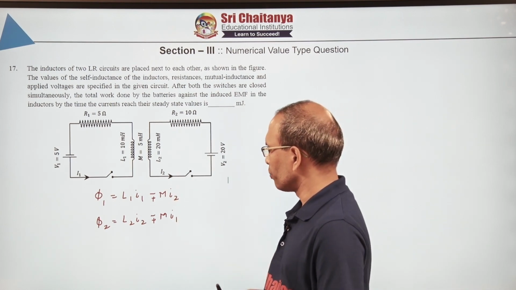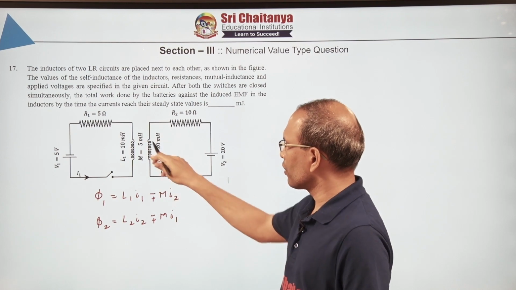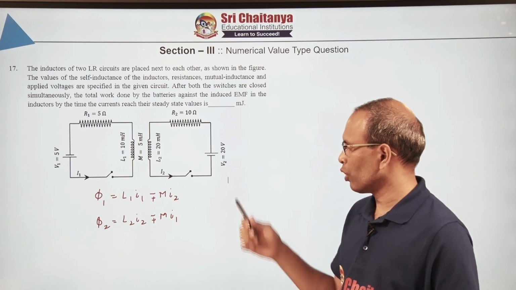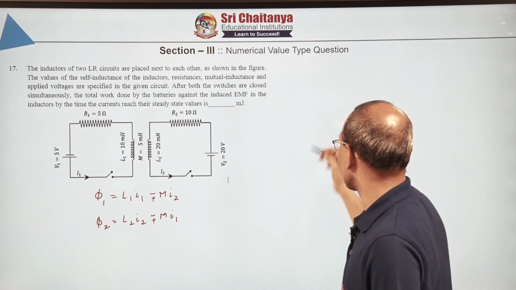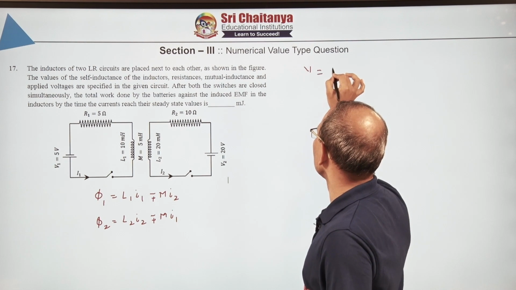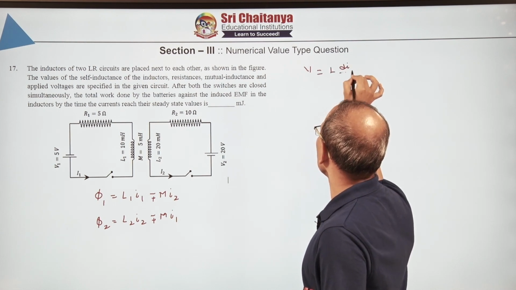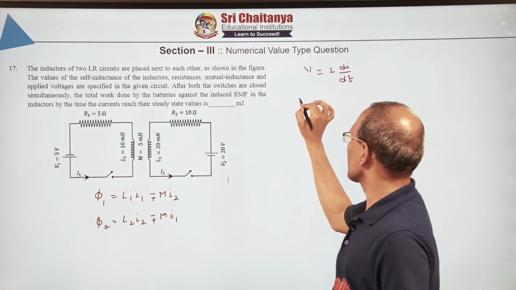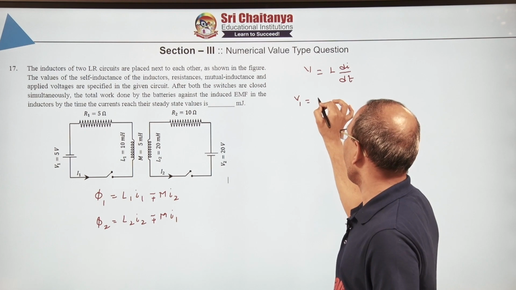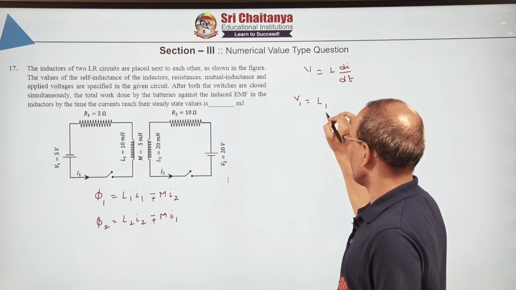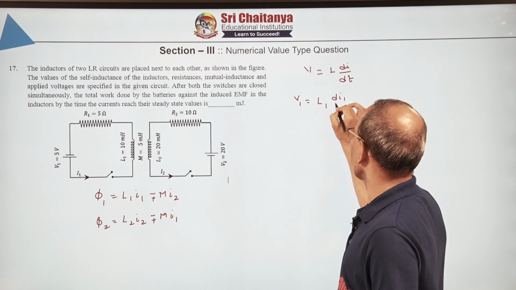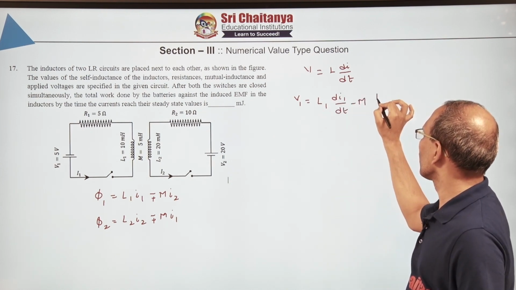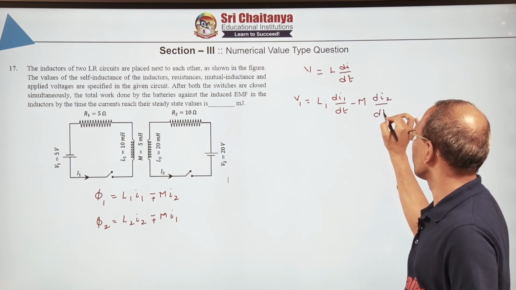Now, what is the potential difference across this inductor? That is the relation we want to calculate. The potential difference is V equal to L into di by dt in general. So the potential difference across the first one will be V1 = L1 di1/dt minus M di2/dt.